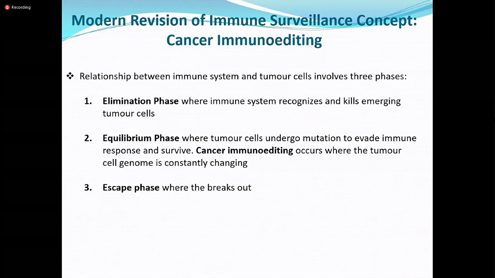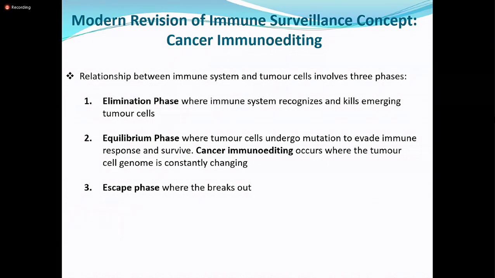But as soon as those modified cells start to appear, they're immediately recognized by cytotoxic T cells or NK cells and eliminated before these unregulated growth cells can establish themselves.